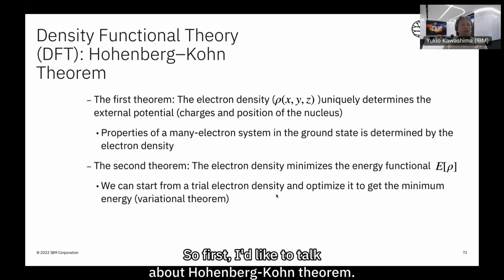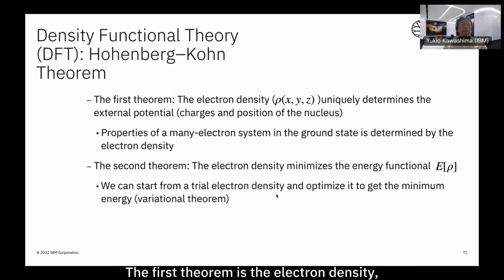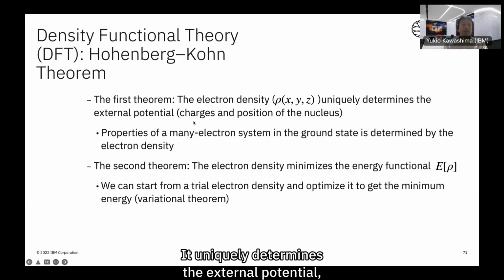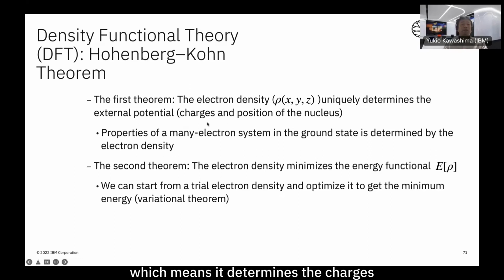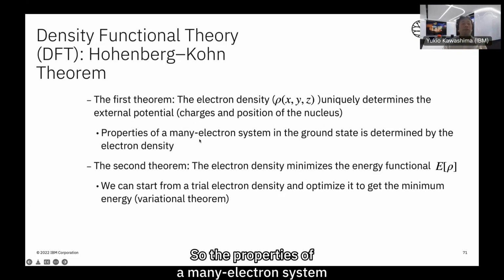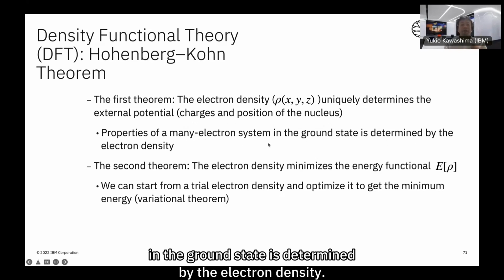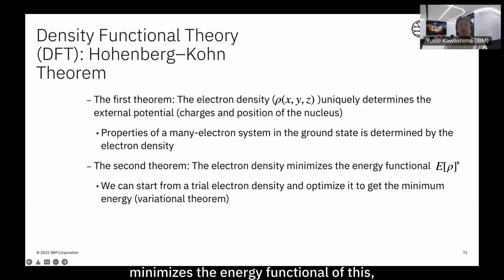First, I'd like to talk about the Hohenberg-Kohn theorem. The first theorem says the electron density, described as rho(x,y,z), which is only three-dimensional, uniquely determines the external potential, which means it determines the charges and positions of the nuclei. So the properties of any electron system in the ground state are determined by the electron density. The second theorem says the electron density minimizes the energy functional, which depends on rho.